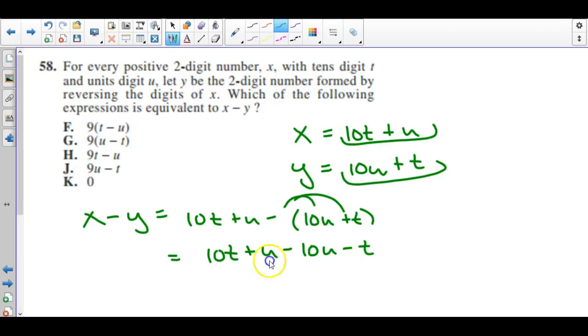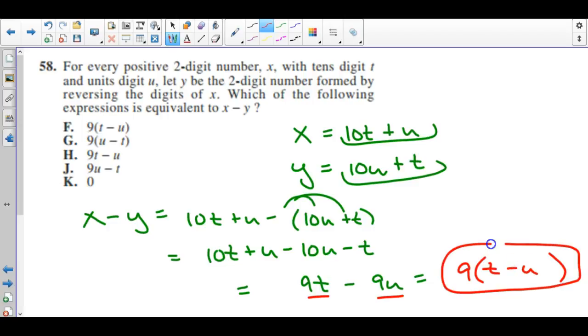And I'm going to basically take a look at this and simplify it by looking at some of my u's and t's. I have 10t minus a t, which is 9t. And I have a u minus 10u, which is minus 9u. And what I can do with this expression is factor out a 9 out of both of these expressions. So if I divide those expressions by 9, I am left with t minus u. And that is option F.